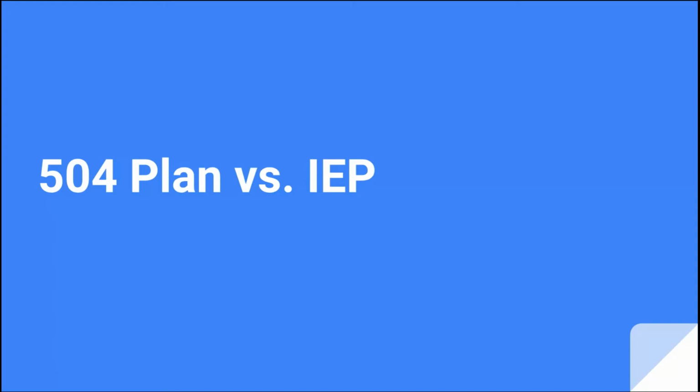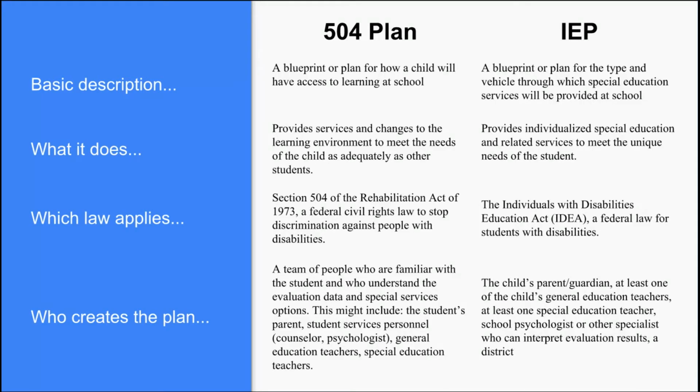An important distinction to make is that between a 504 plan and an IEP, or Individualized Education Plan. The following chart provides some discernment between a 504 plan and an IEP. Both provide protections to eligible individuals with disabilities. Students with IEPs require some form of specialized instruction or services to access their education.